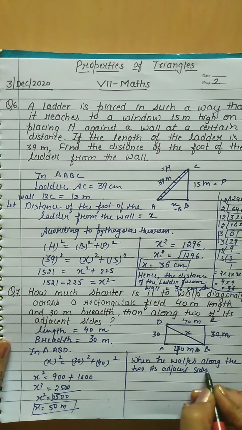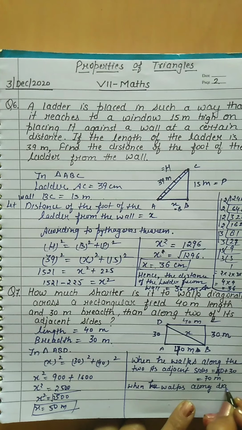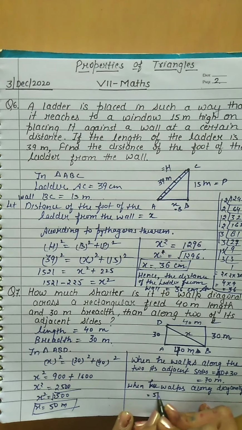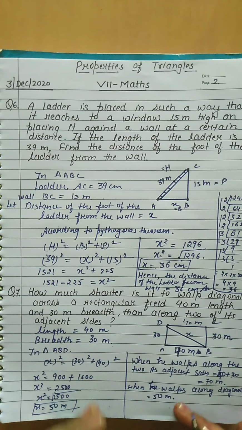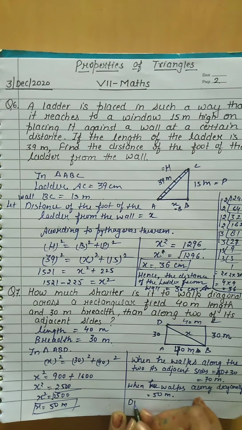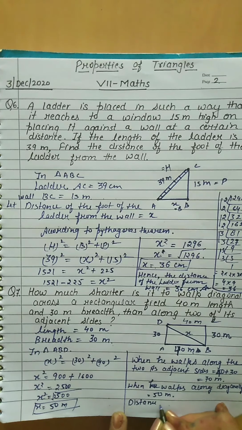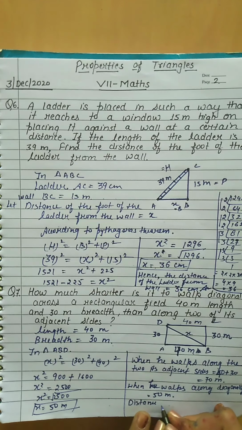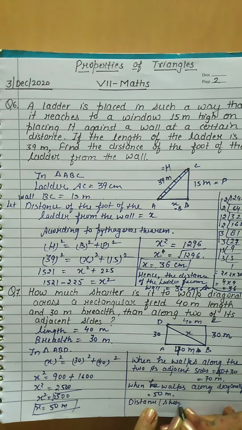Okay, and when he walks along diagonally, that is 50 मीटर. सो स्टूडेंट्स, कौन सा वे शॉर्टर होगा? फ्रेंड्स, जो उसने शॉर्टर डिस्टेंस. सो स्टूडेंट्स, शॉर्टर डिस्टेंस, दैट मीन्स जो उसने सेव किया वो डिस्टेंस कितनी होगी? 70 माइनस 50, दैट इज 20 मीटर. सो स्टूडेंट, दैट इज योर आंसर.